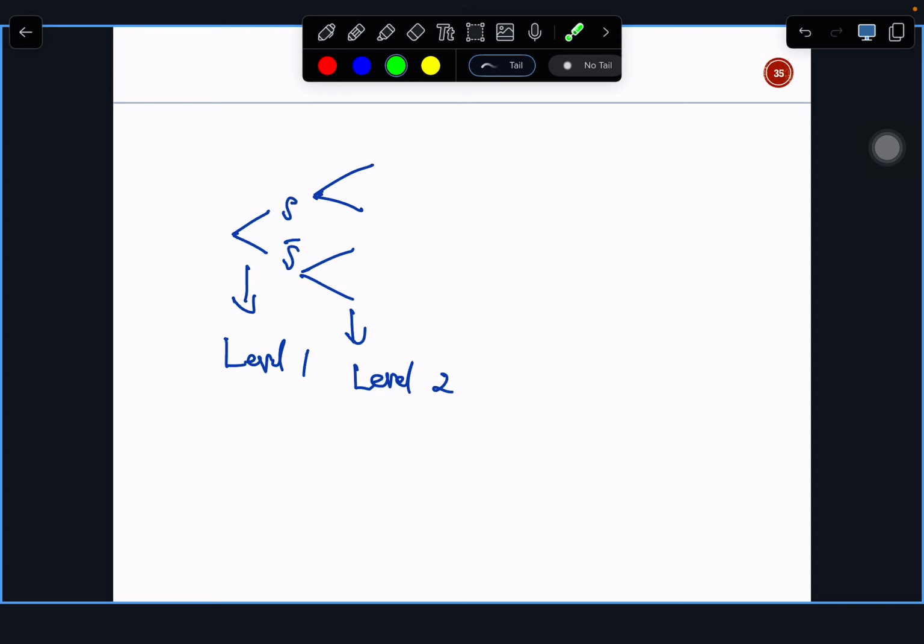After we label this, we can put, probably, 1/4 and 3/4. What does it mean here? We label our probability on the branches. This one is 1/4, this one should be 3/4.